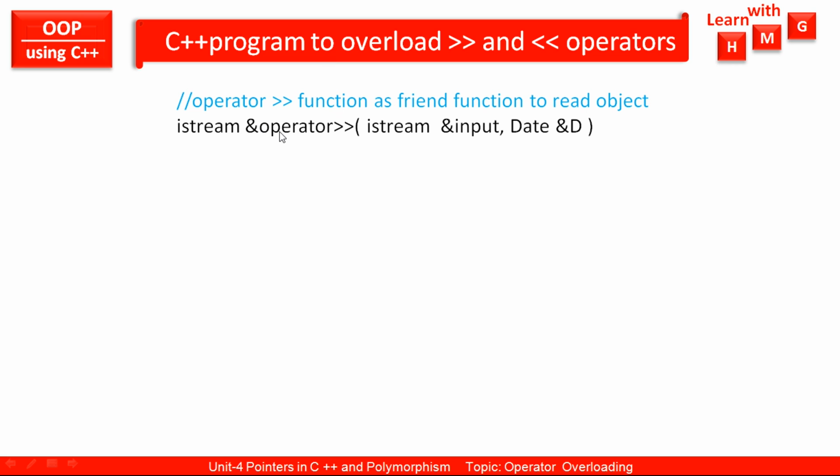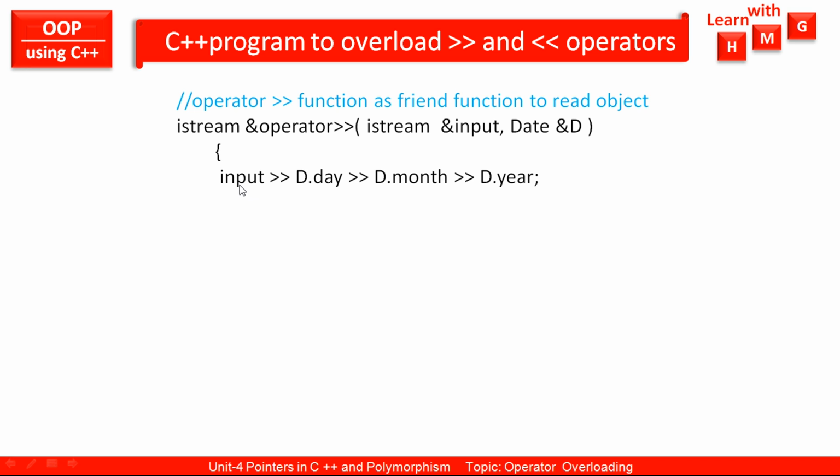As I already explained, operator extraction symbol is the name of the function, and this function accepts two objects, that is, one is the input object and the second is the D object. The input object is of the input stream class and D is an object of the date class. This operator function also returns the input stream type of object, and all these are passed by reference.